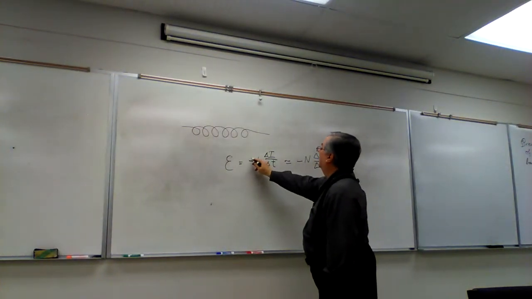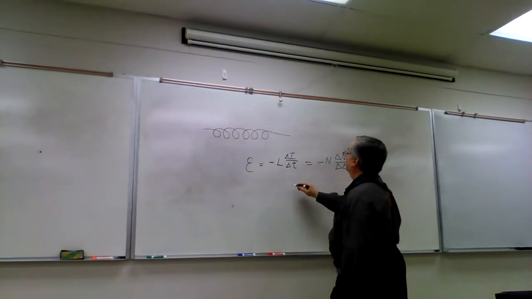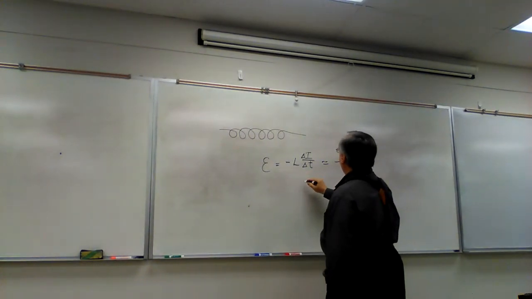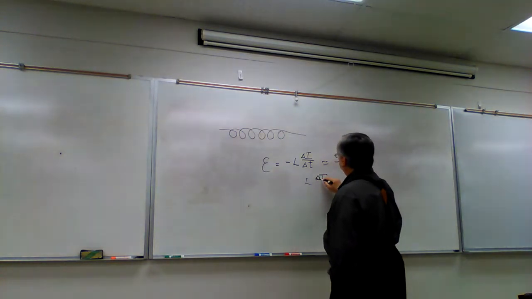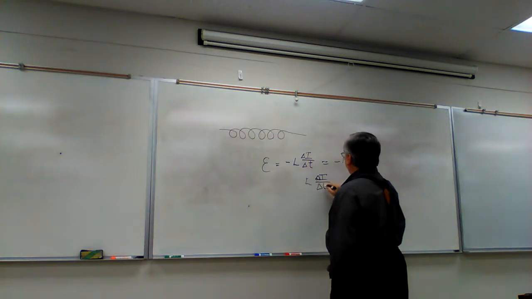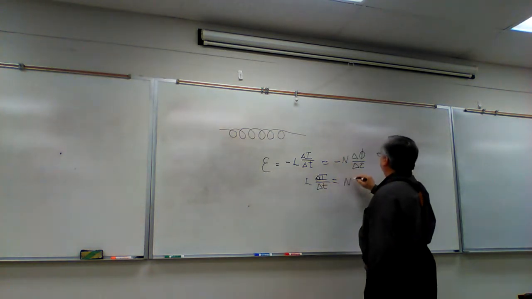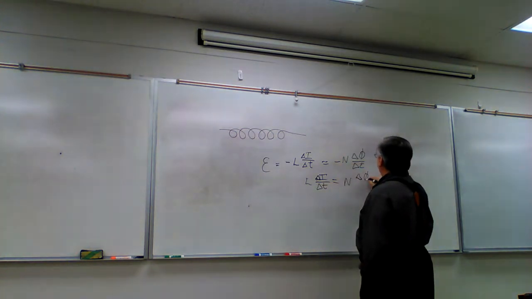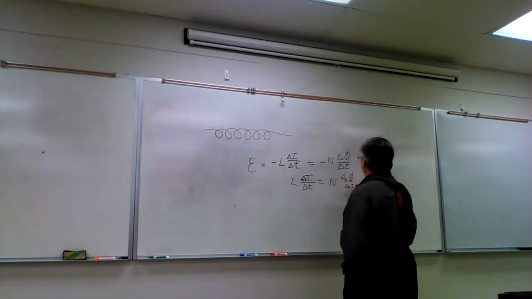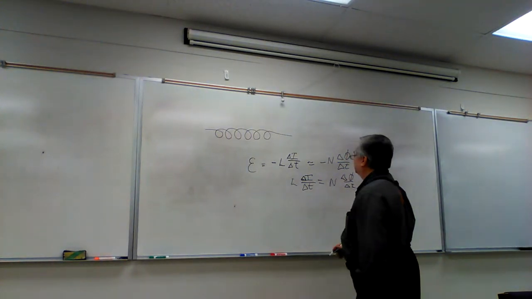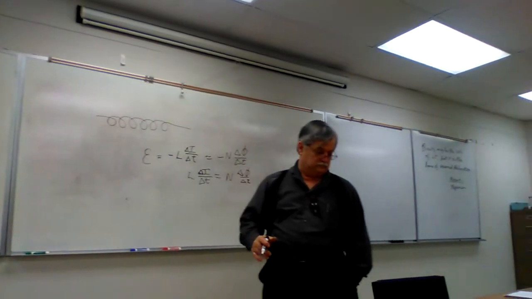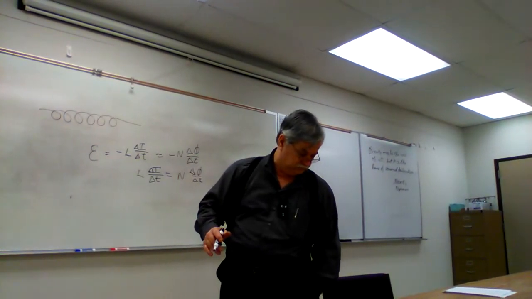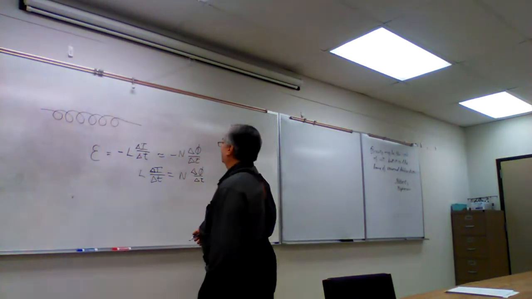Well, divide through by -1, we end up with L delta I over delta T is equal to N delta phi over delta T. Right?